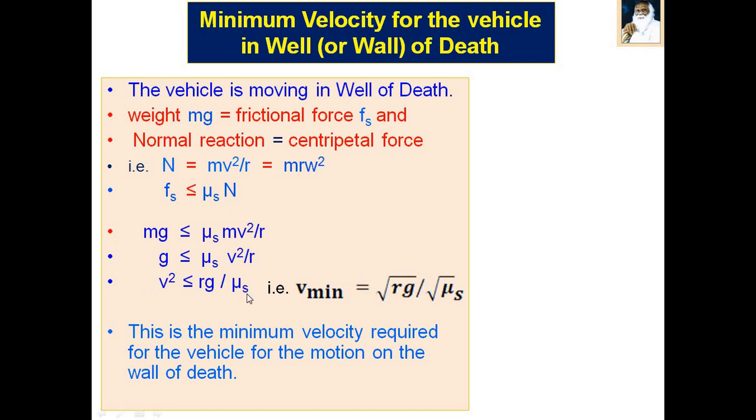We will calculate v, which is called v minimum, that is equal to under root Rg upon under root mu s. This will be the minimum value of velocity which is required for the vehicle to maintain a circular path in the wall of death. This is the minimum velocity which is required for the circular motion.